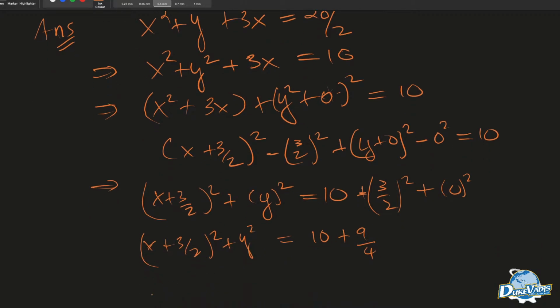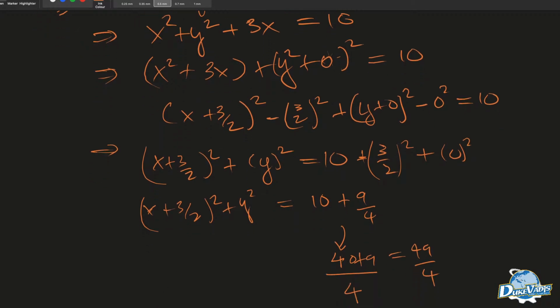So here is where we concentrate. For the LCM, you have 4 here, 4 goes into 4 once, 1 times 9, and this will be 40 plus 9, so this will be 49 over 4. Therefore, our equation gives us x plus 3 over 2 squared plus y squared equals 49 over 4.